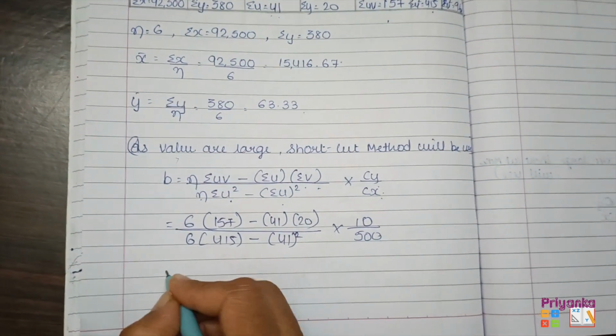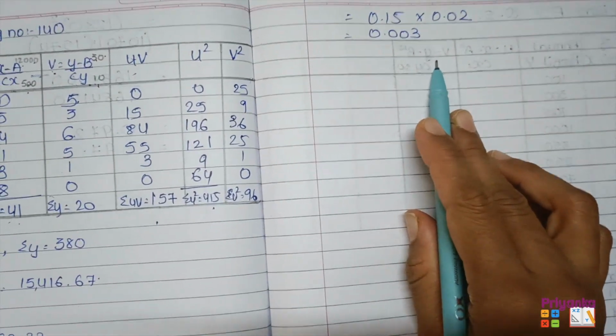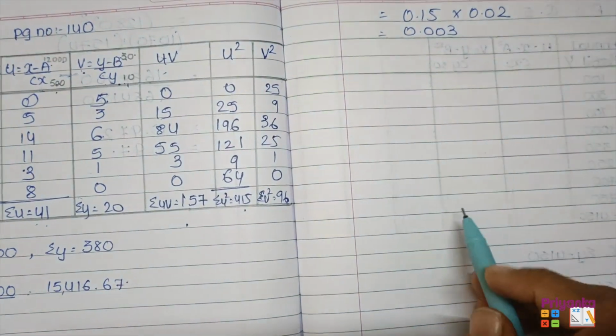Now out of this we'll just complete the calculation. You can see out of the calculation here I got the answer 0.003, which is similar to the solution which is given in the question.